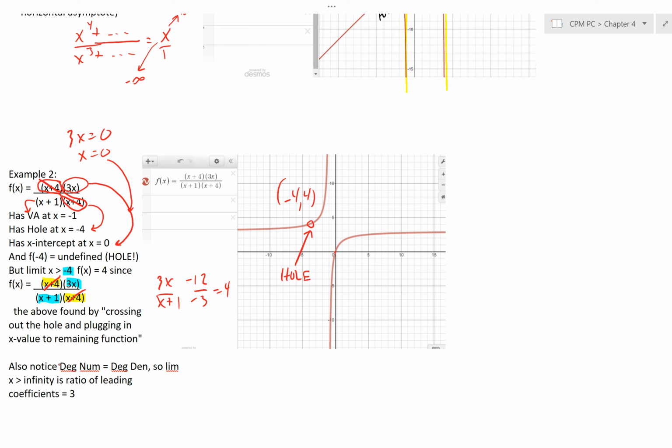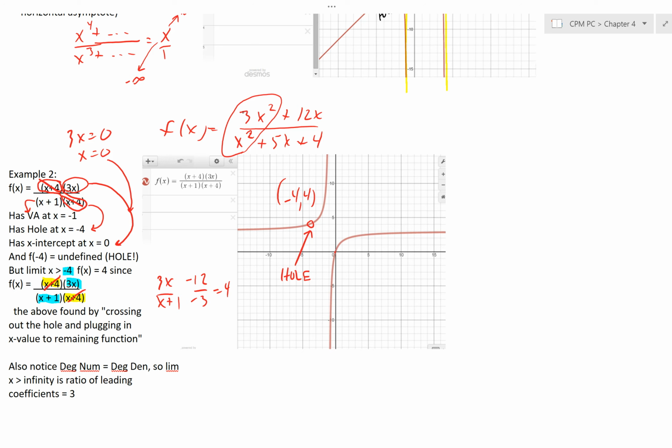And then in this one, the degree of the numerator, if we multiplied all this out, we'd see that f of x is equal to 3x squared plus 12x, if I expand the top. And if I expand the bottom, that would be x squared plus 5x plus 4. And again, to analyze the end behavior, we really only need to pay attention to the highest degree terms in the top and the bottom. If they're both polynomials, just look at the two highest terms.